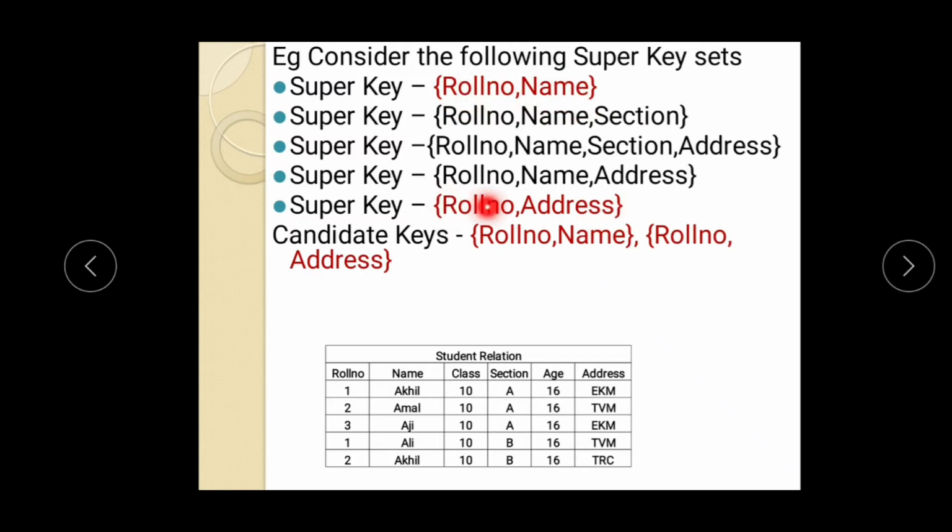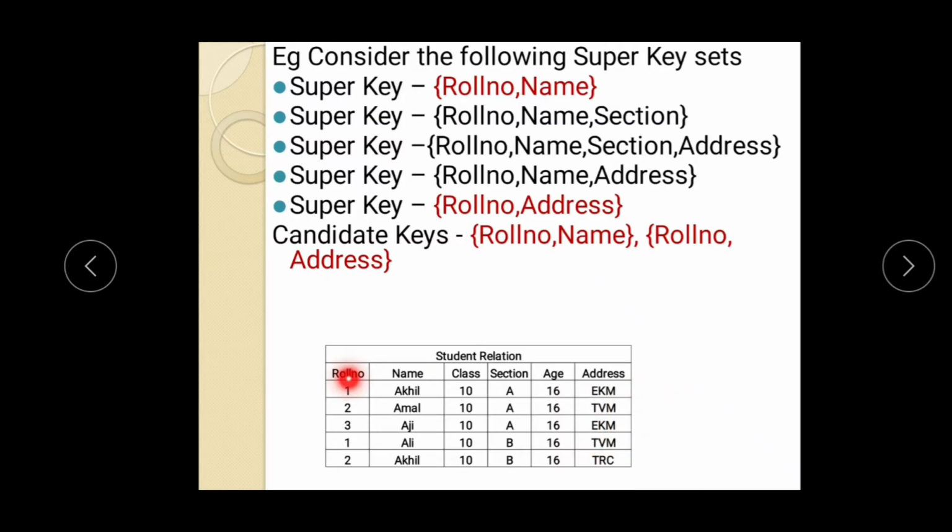Look here, what about this one? Roll number, address. If I remove the roll number, can I identify a particular record using address alone? No, address is repeating. There are 2 Ernakulam, 2 Trivandrum and 1 Thrissur.